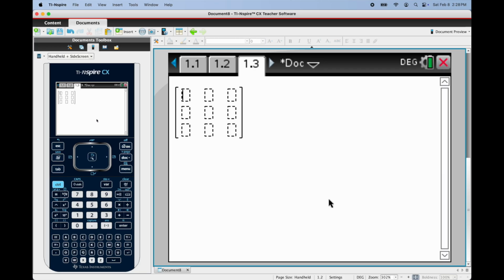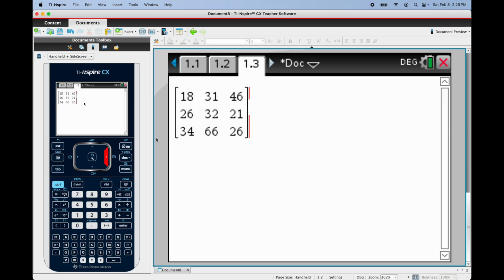Alright, let's put those values in. 18, 31, 46. I'm just going to enter those here. Just going to give a quick check to make sure it's all good. And it looks like it is.